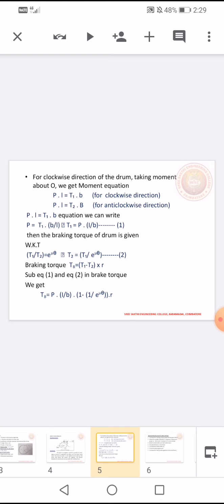Finally we get TB equal to P into L by B into (1 minus 1 divided by e power mu theta) into R. This is the formula to find braking torque.